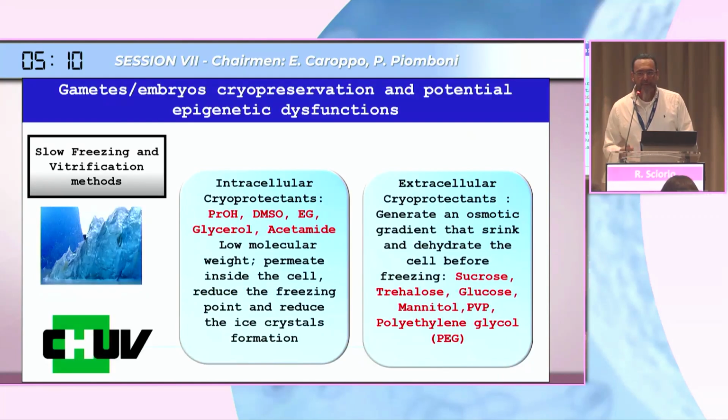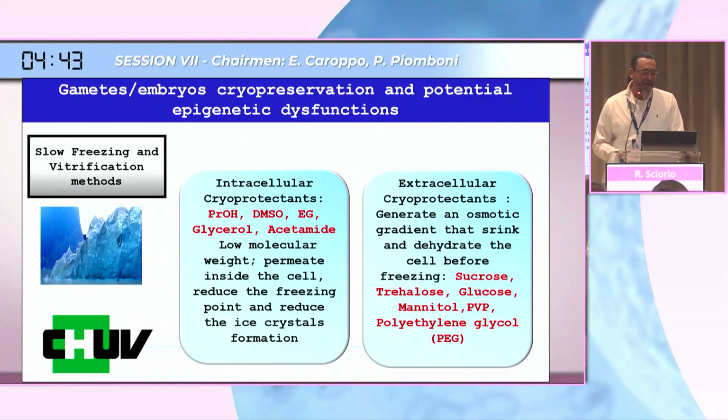Now I'm going to talk for the last couple of minutes on the aspect of cryopreservation and eventually its association with modification in epigenetics. I'm not going to talk about vitrification in general, but we know that in the last decades, going from slow freezing to vitrification, it's a procedure that is highly used in IVF.